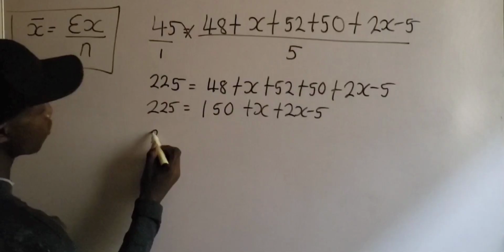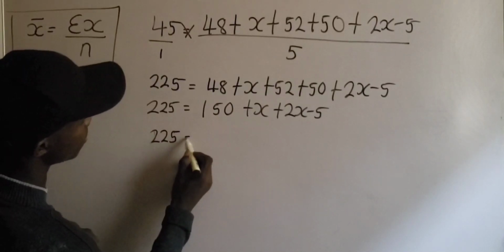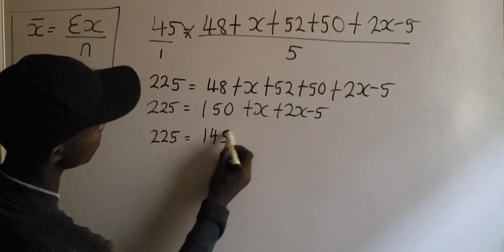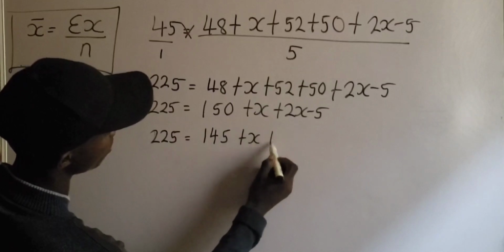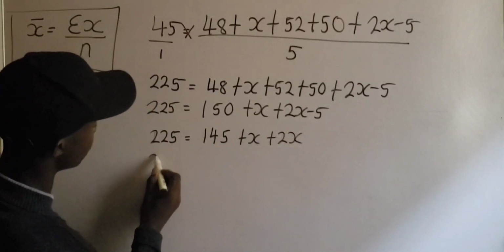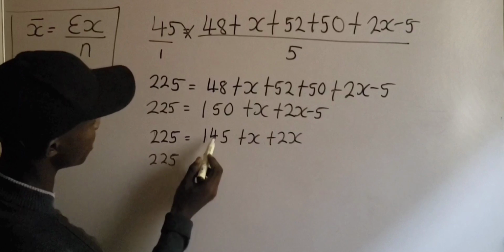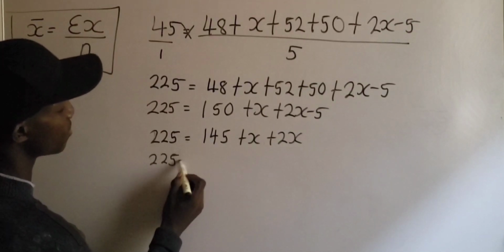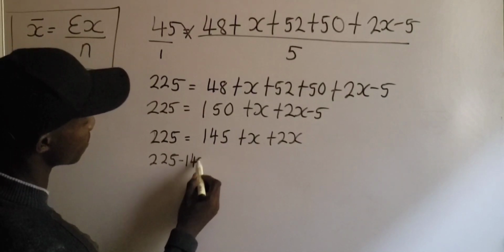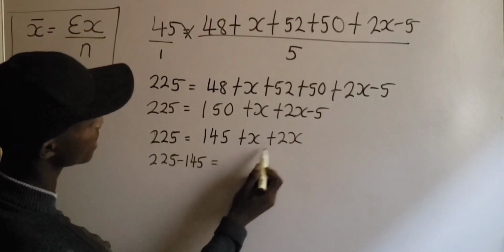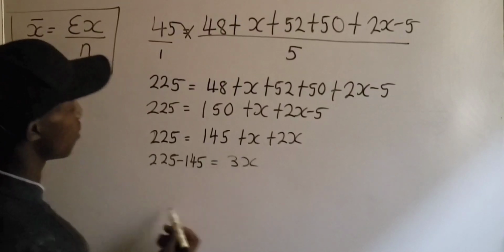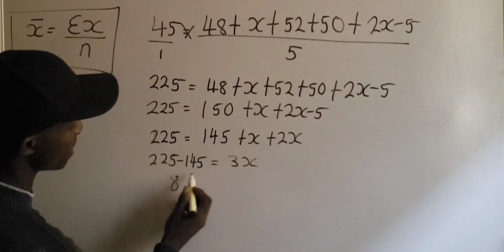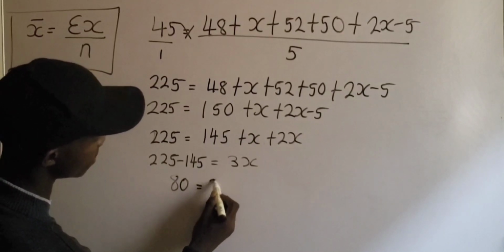So I'm going to have 225 equals 150 minus 5, that is 145, plus x plus 2x. So this 145, because it is on the same side as x, when it crosses the equal sign it becomes minus 145. So I'm going to have x plus 2x, that is 3x. So 225 minus 145, that is 80. So 80 equals 3x.